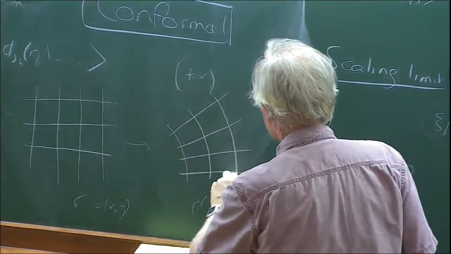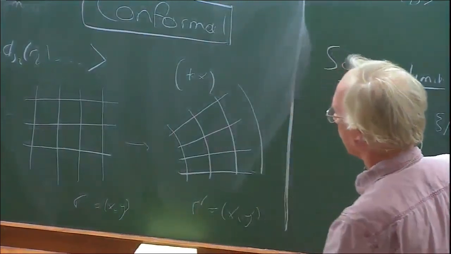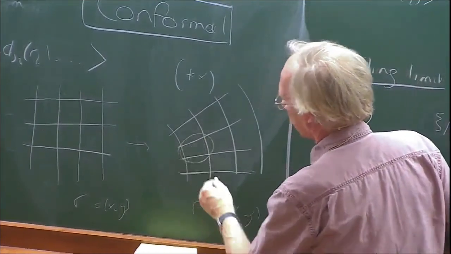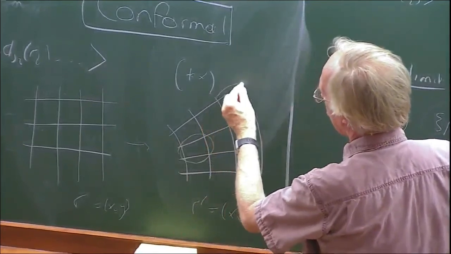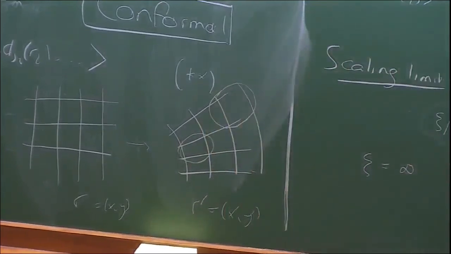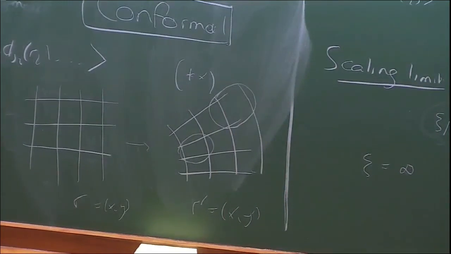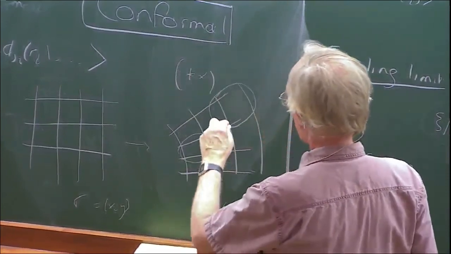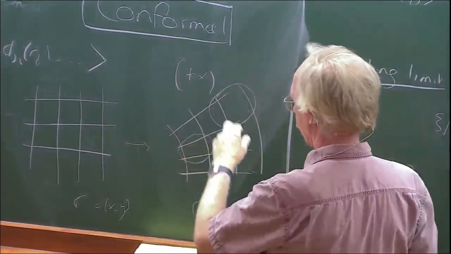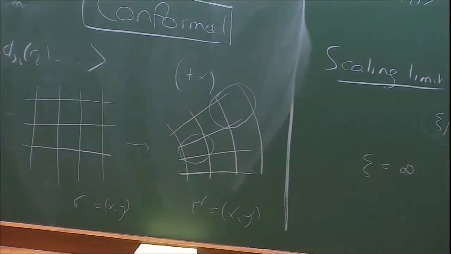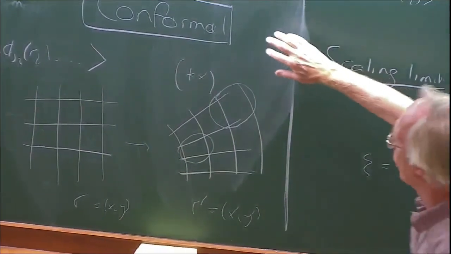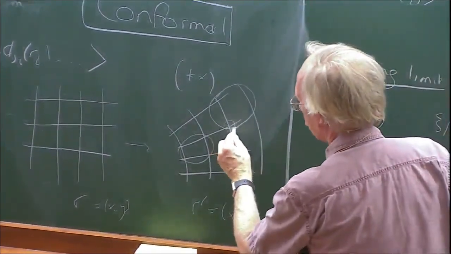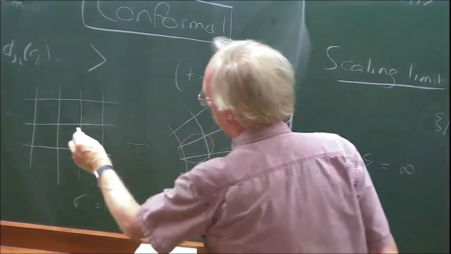For example, this would be an example of a conformal mapping, which is locally a scale transformation where I stretch things, but you notice that the amount of the scale transformation depends on where we are. So locally it's a scale transformation and a rotation, and the important property of a conformal mapping is that it preserves angles. You see that this remains a square grid here.